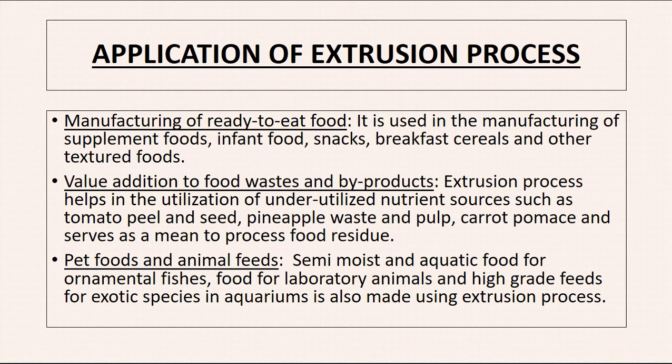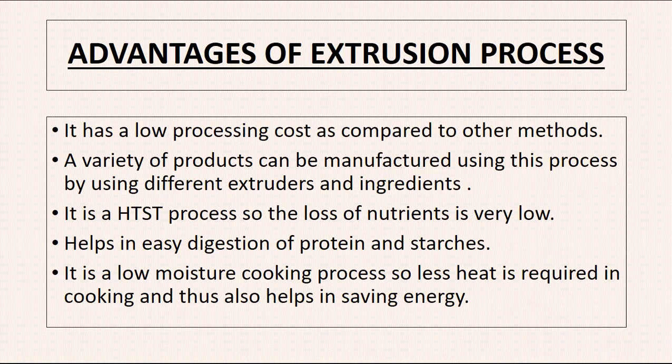Now, like everything, the extrusion process has its own advantages and disadvantages. Let's start by discussing the advantages first. The first advantage of extrusion cooking is that it is a very low cost process as compared to the other methods that we can use for manufacturing our food products.